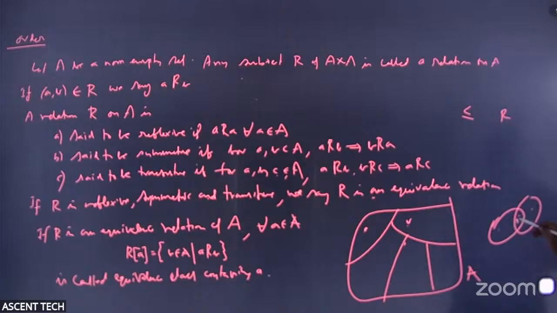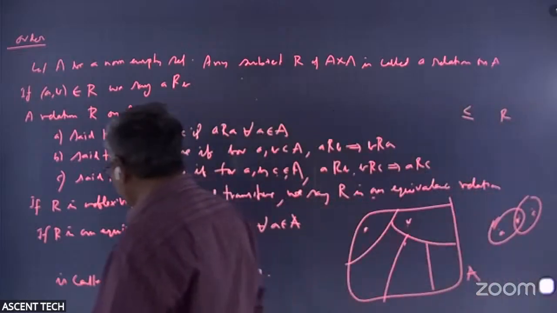If I take an a here and a c in here, then a is related to b and b is related to c, and by transitivity a is related to c. Therefore a, b, c are all in the same equivalence class. Therefore R_a and R_c are identical. So any two equivalence classes are either identical or disjoint.